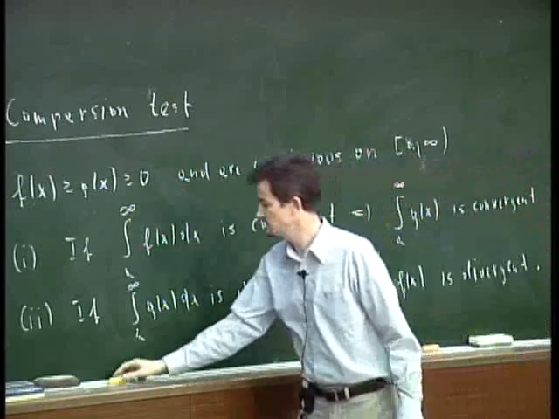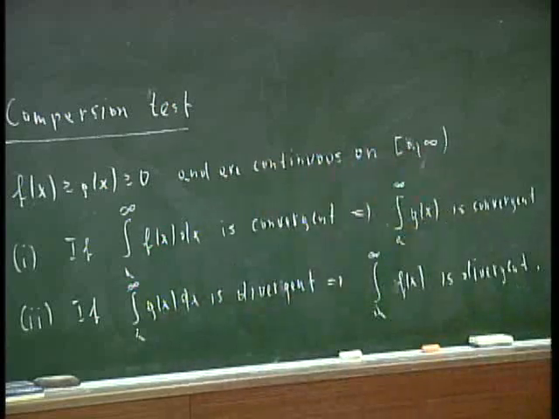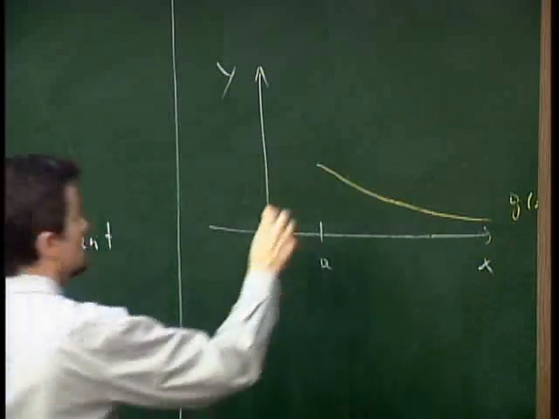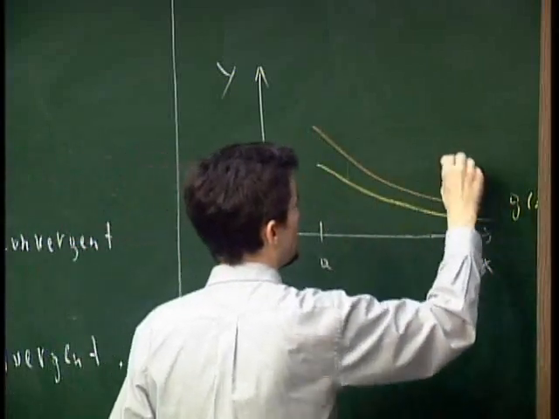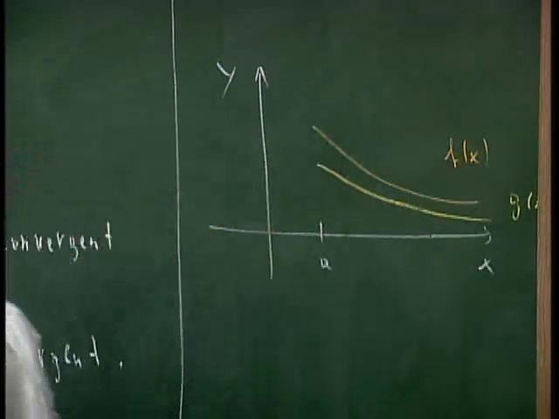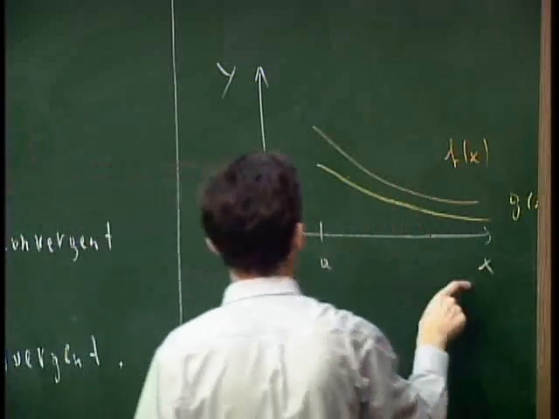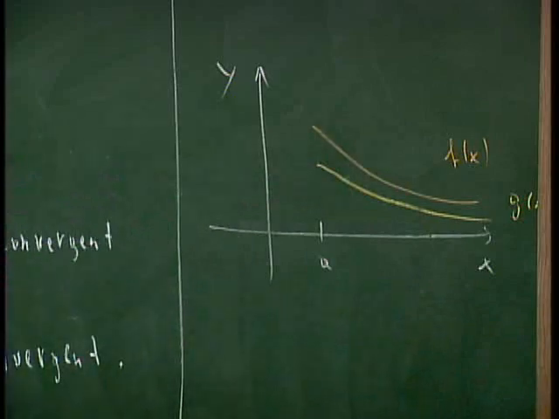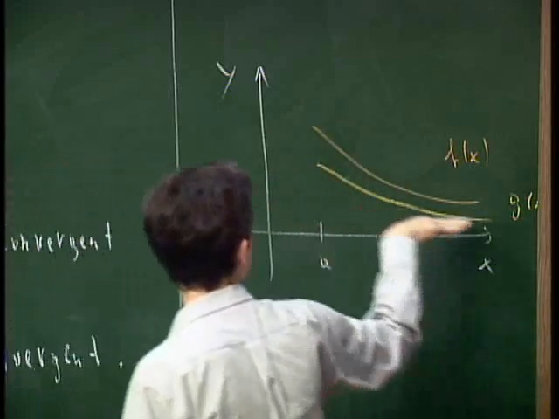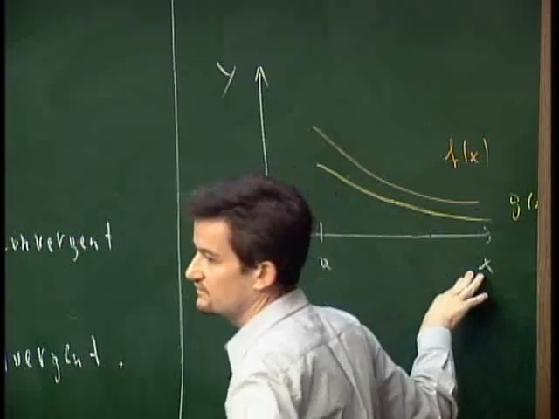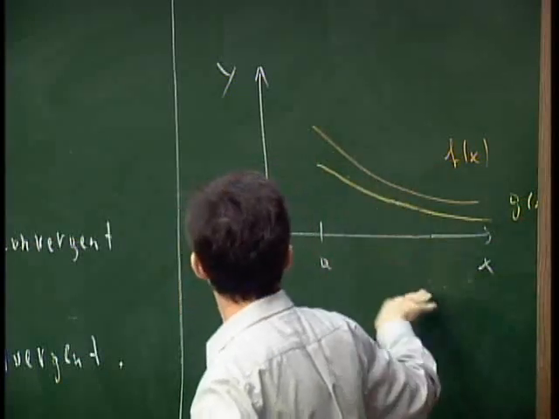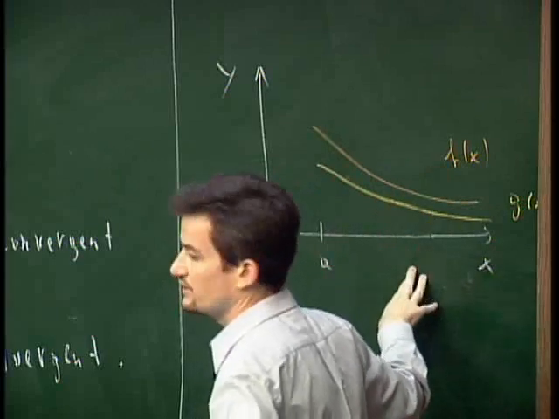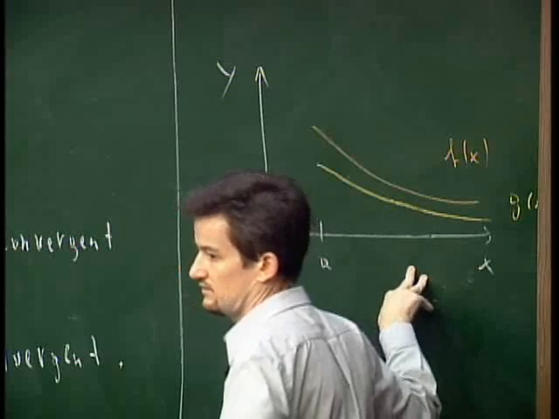Because you have two functions now, g of x, and another function f of x, which always remains above the function g of x. The first part tells you if the area below f and above the x-axis exists, the area below g and above the x-axis will exist as well. And the second part tells you if the area below g and above the x-axis does not exist, which means the area is infinity, then the area below f of x and above the x-axis will not exist as well, so it will be infinity as well.